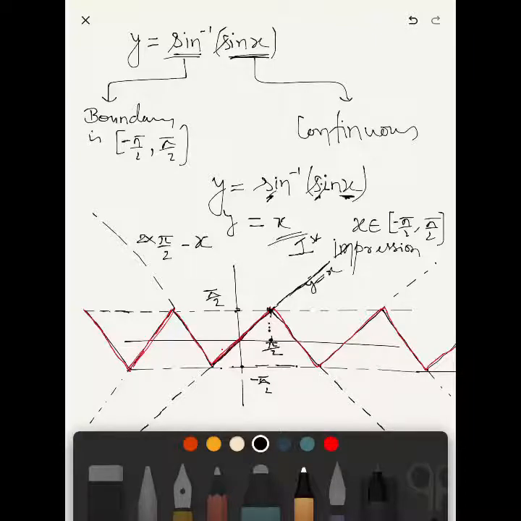Cancel these two, it comes out to be pi minus x. So the equation of this graph will be pi minus x.